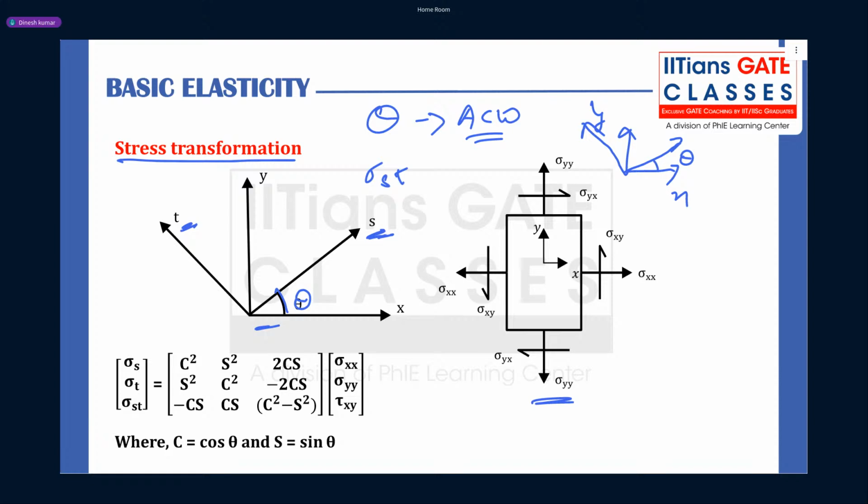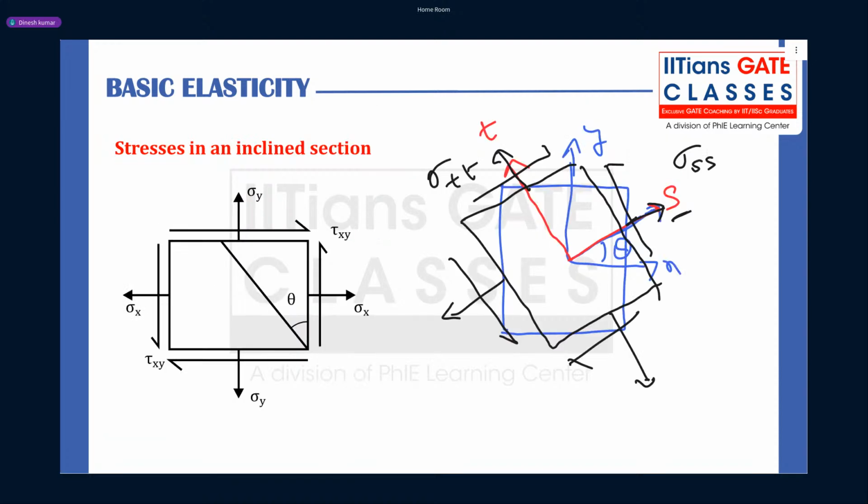Now, guys, how do we write these new stresses on my rotated plane? We write them in this matrix form. When we take classes, we also derive how this matrix is formed. Here C is cos theta, S is sin theta. So what is your sigma SS?